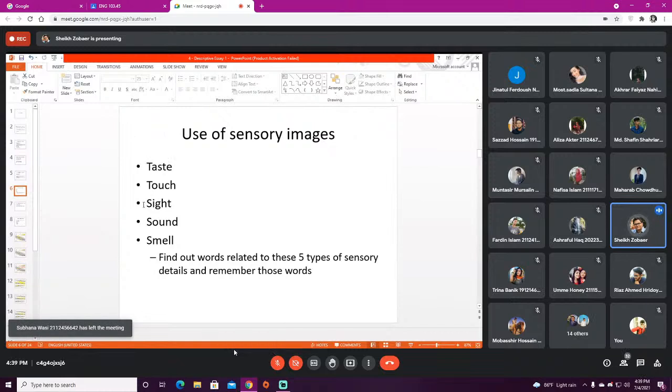Sight will also be relevant, what color the food is. Smell will be relevant, definitely. Without smell, food is not tasty at all. Touch means feeling something. When you eat something, of course, you will feel it in your mouth and also in your fingers. So feeling is also going to be important. Sound is also relevant. If you're eating something crispy, the crunchy sound will be relevant.